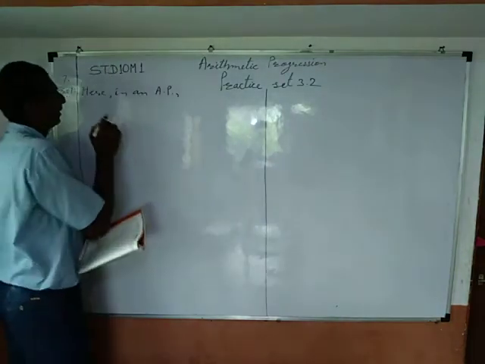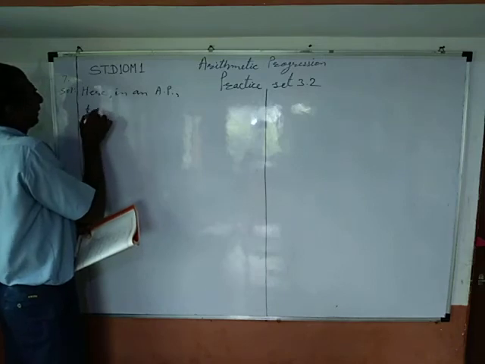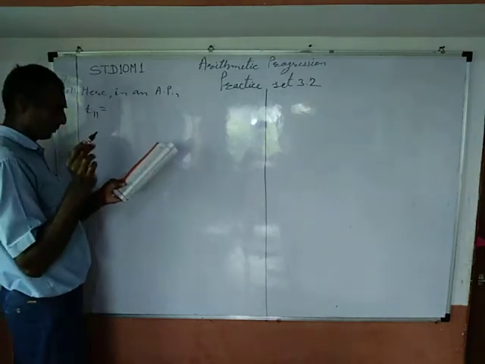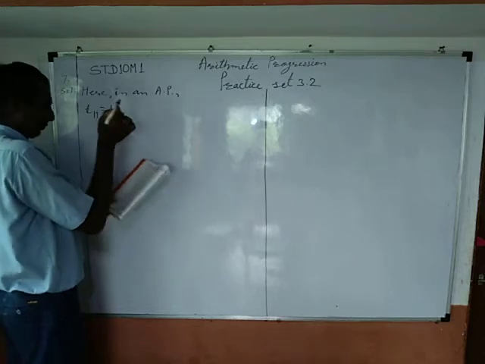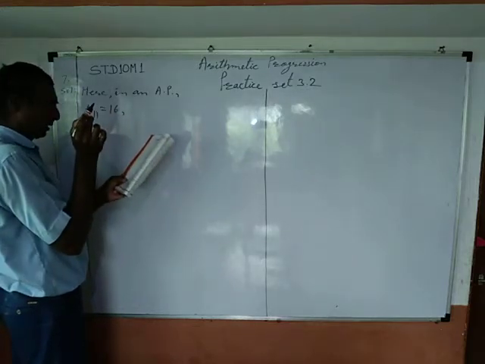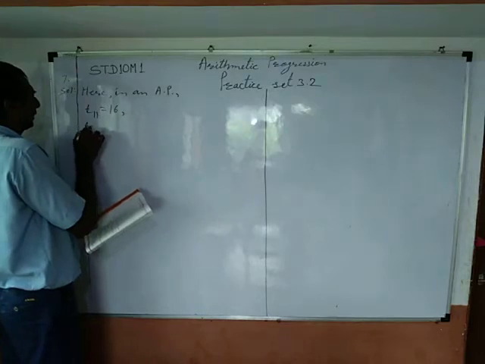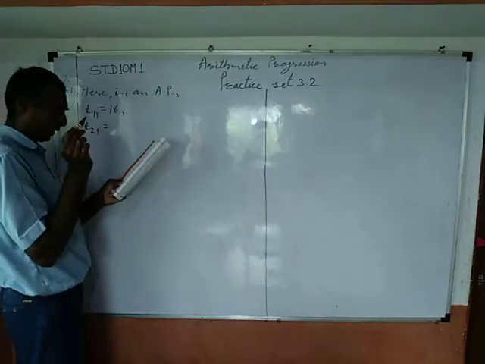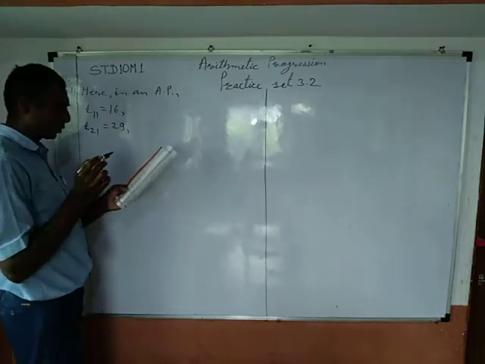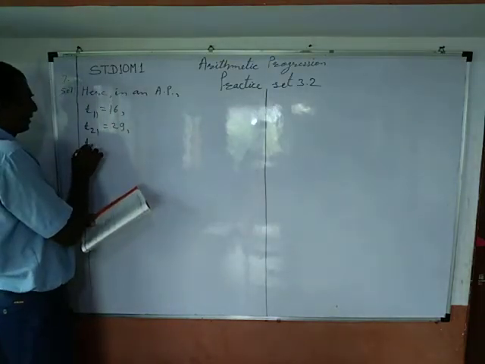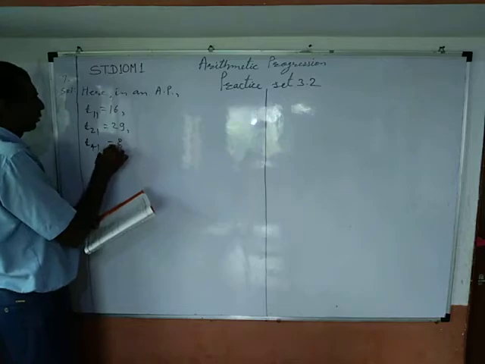That is, T11 equals 16. Then T21 equals 29, and we are interested to find T41 equals what.